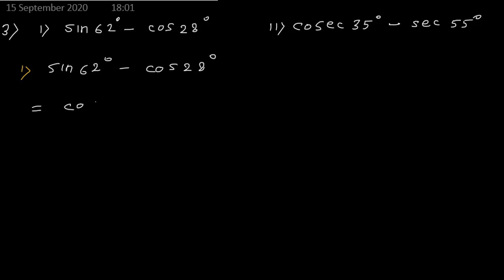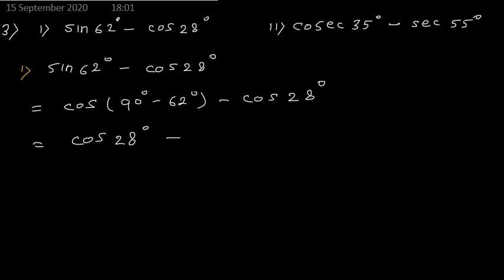So I will write cos 90 degree minus 62 degree, and here I have minus cos 28 degree. So cos 90 minus 62 is cos 28. Subtract, you will get cos 28 minus cos 28.